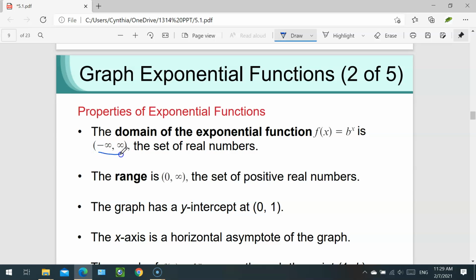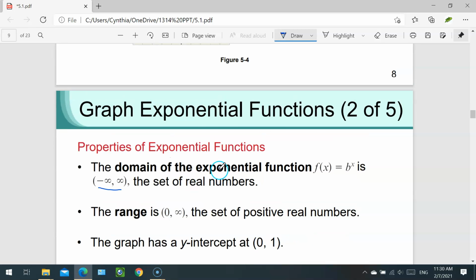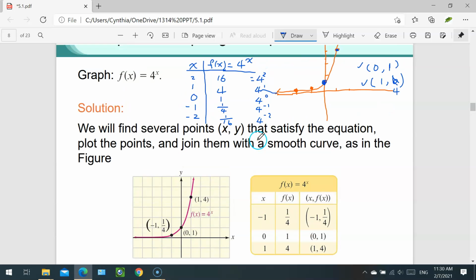The range is 0 to infinity, because the graph never goes below the x-axis, never goes down to the negative y-axis unless it is translated. The exponential function itself always stays above the x-axis.